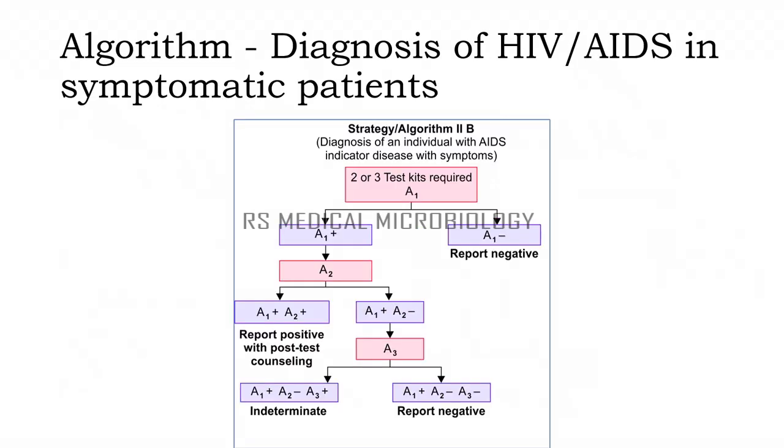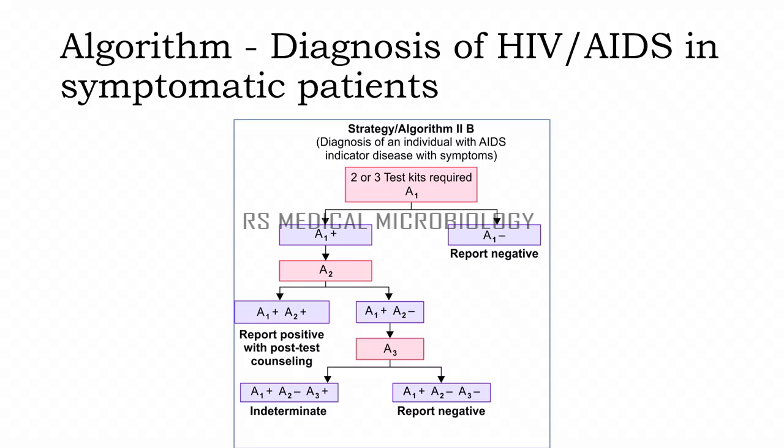Then you have the algorithm 2B, which is for diagnosis of HIV or AIDS in symptomatic patients. So here you can use 2 or 3 kits. The first kit, as we said, is a highly sensitive test, so it is positive. Then you go for a highly specific test, which can be positive or negative. If it is positive, that is both the first test and second test come positive, you go with the post-test counseling.